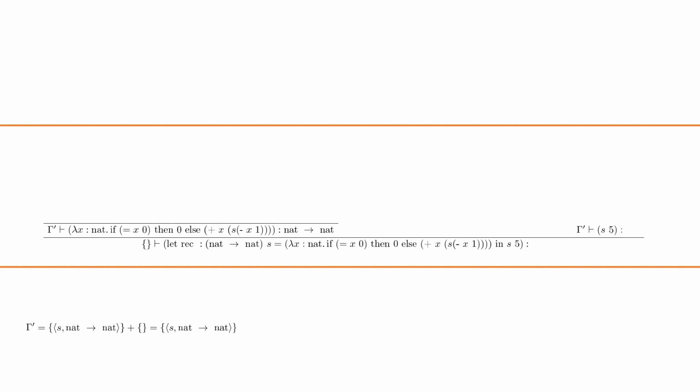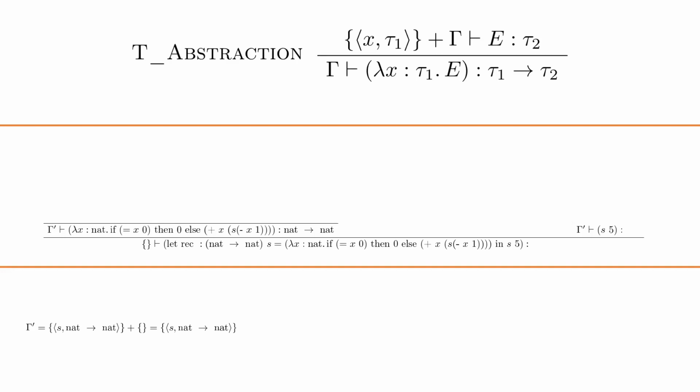This is an abstraction, so we use the rule for abstractions. The rule for abstractions says that an abstraction has type tau1 arrow tau2 if the declared argument type is tau1, and we can judge the body to have type tau2.